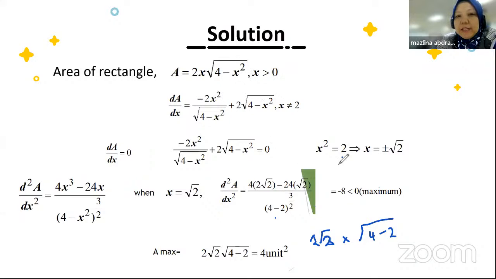So this is square root of 2 square is 2. Okay, so square root of 4 minus 2 is square root of 2 lah actually. So 2 square root of 2 times square root of 2 kan. 2 square root of 2 the dimension times square root of 2. This is the dimension. Okay.